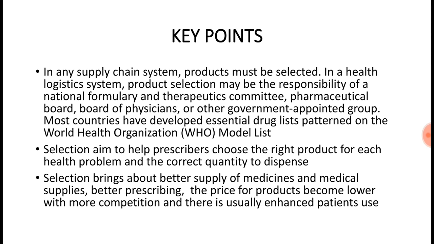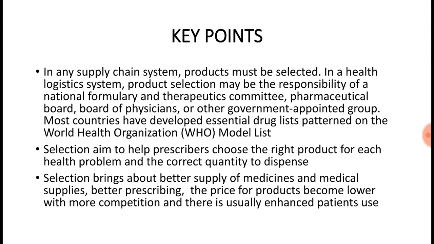In a healthy logistics system, product selection may be the responsibility of the National Formulary and Therapeutic Committee, the Pharmaceutical Board, or these are key points we discussed, I think, even in our last session before this.